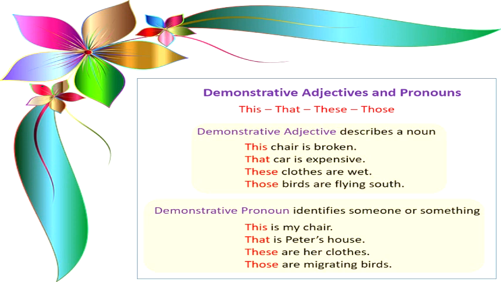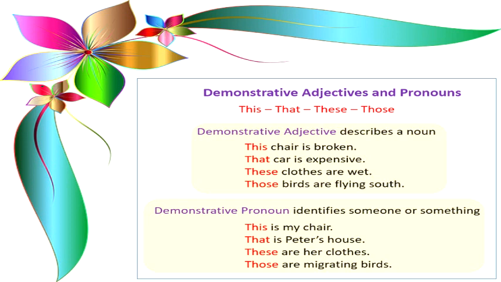So what is the difference? Dear children, the difference lies in the noun usage. Okay. This chair is broken. When a demonstrative adjective describes a noun, then we use the noun with it.